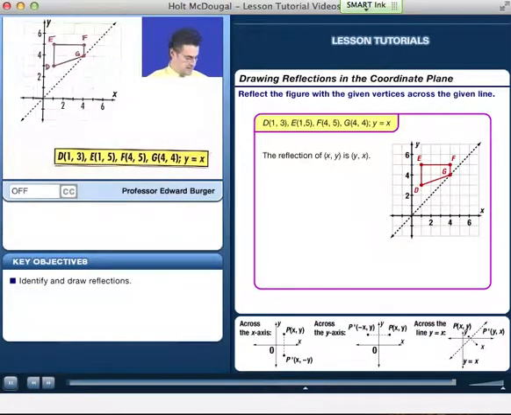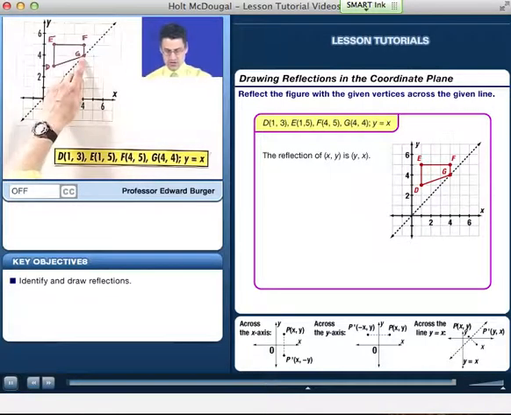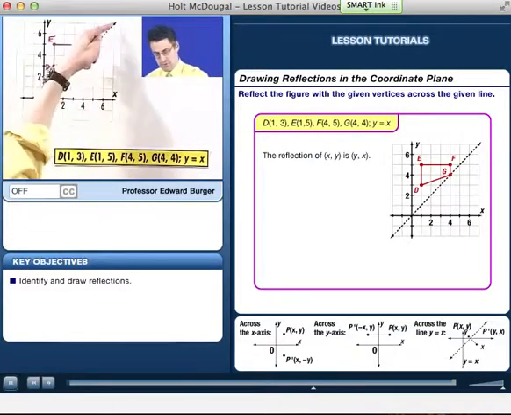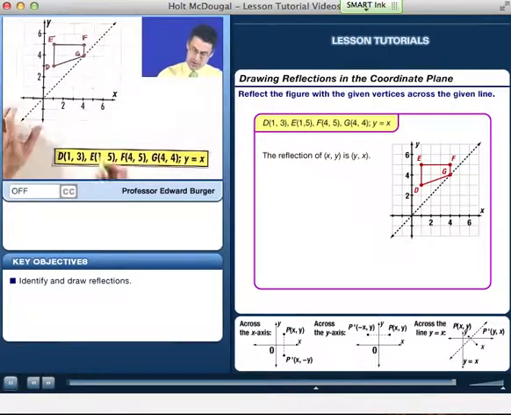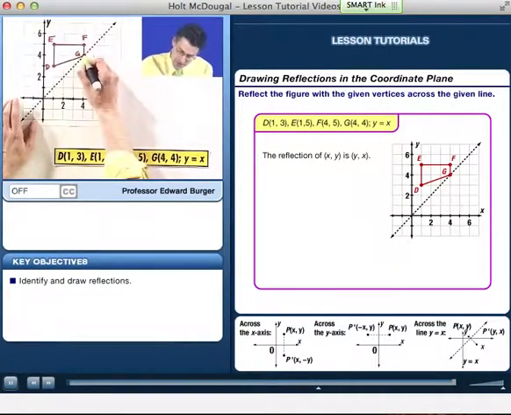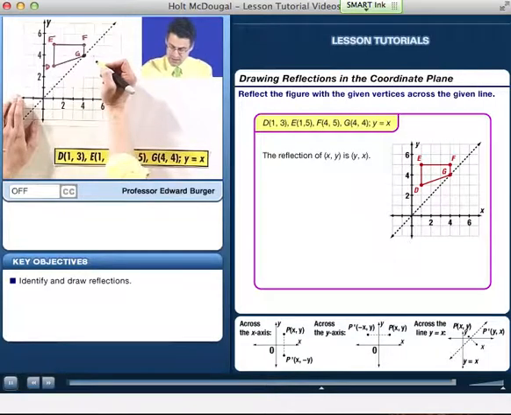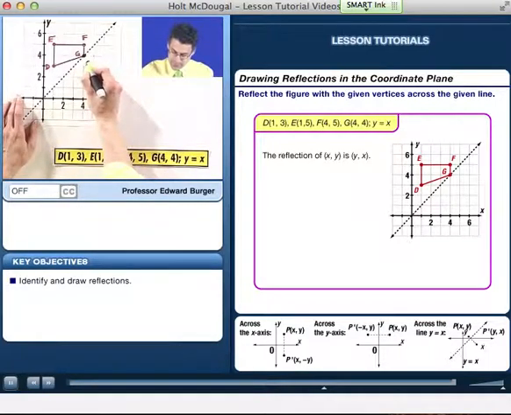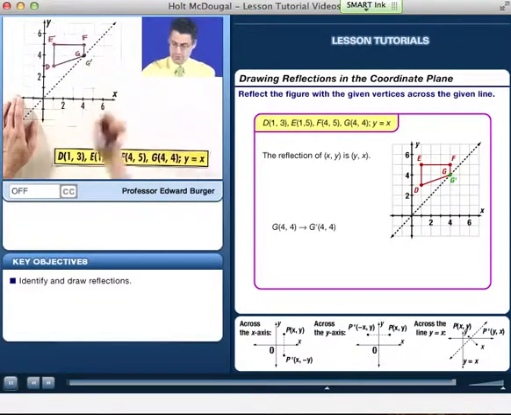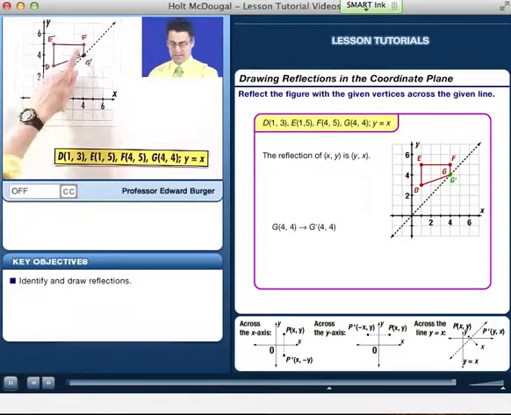Okay, so let's see what the reflection would look like. So let's take G. Well, G is (4, 4). If I reflect it over this line, since that's already on the line, I'm still going to remain on that line. And so that really is going to be G prime, (4, 4).